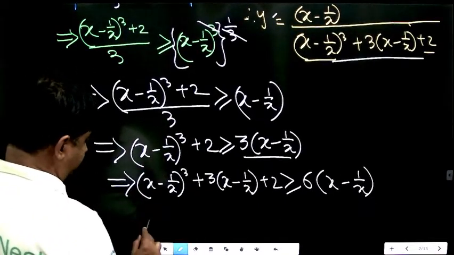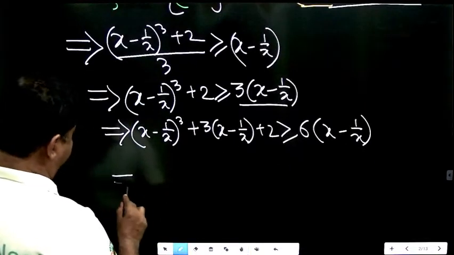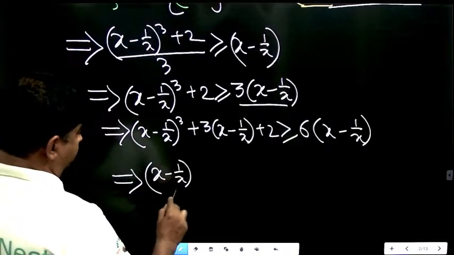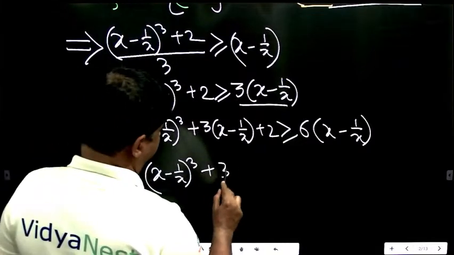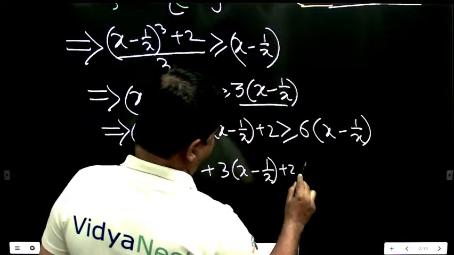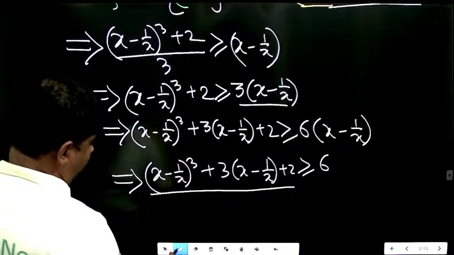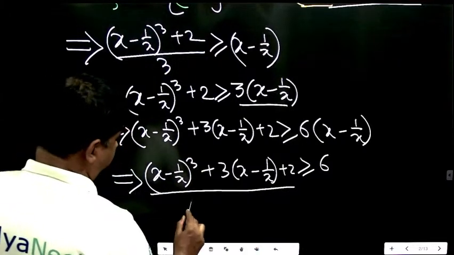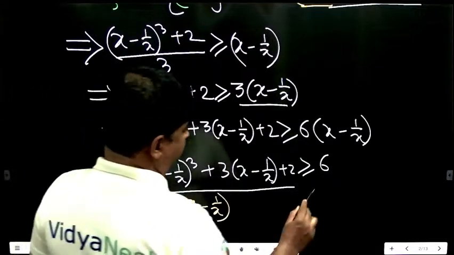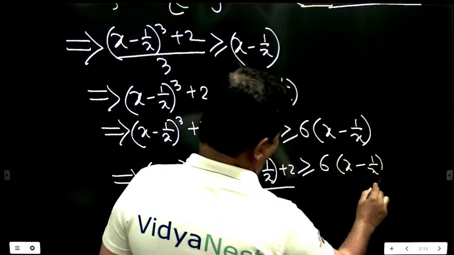Now you divide the left hand side by this thing, and the right hand side also by this.